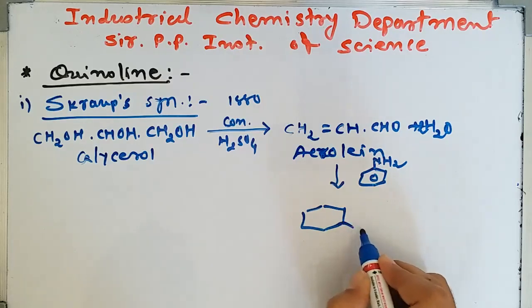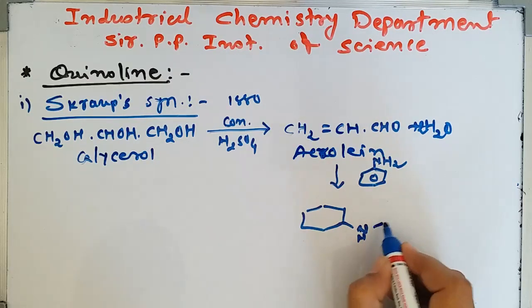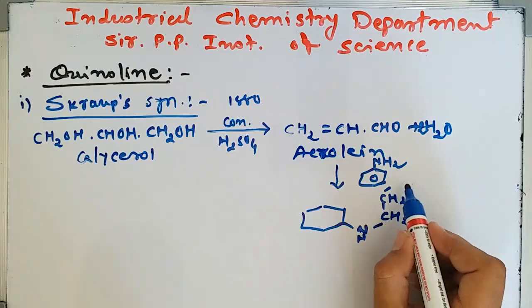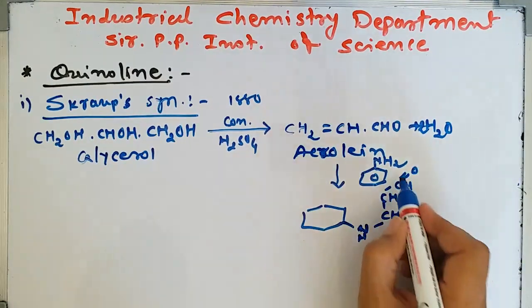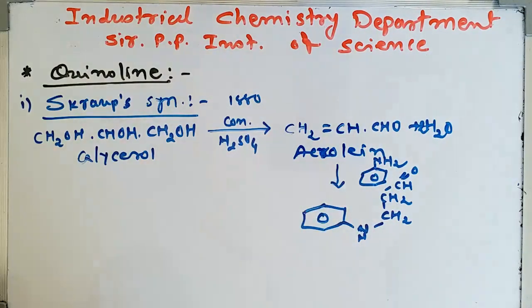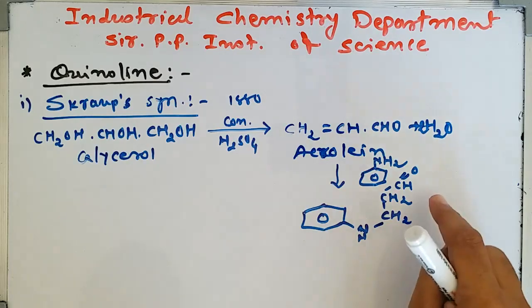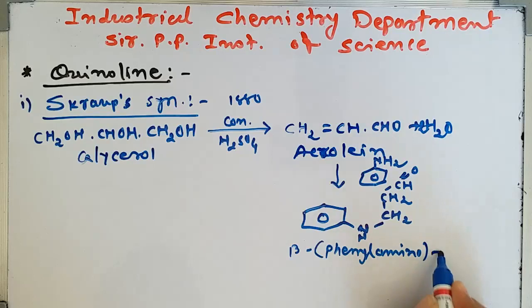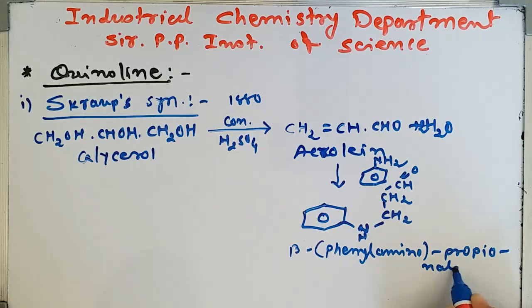Condensation takes place, so NH condenses with acrolein, giving CH2CH2CHO, beta-phenylamino propionaldehyde.